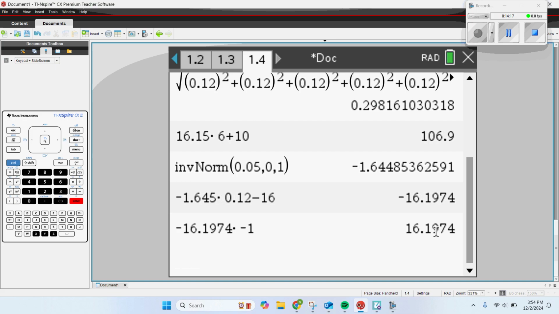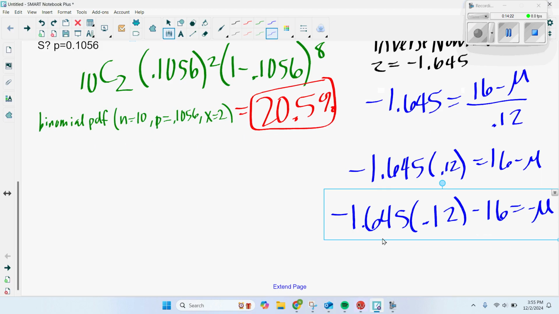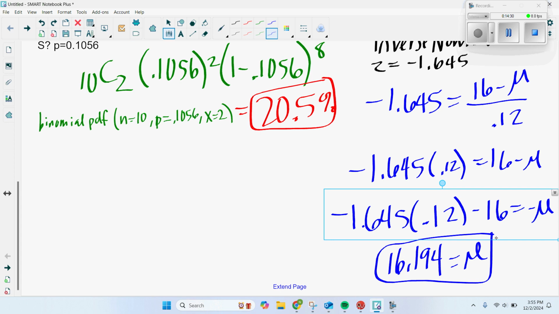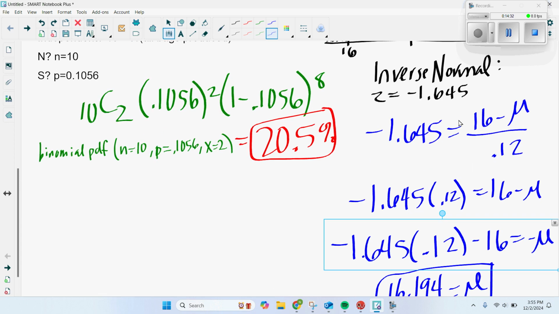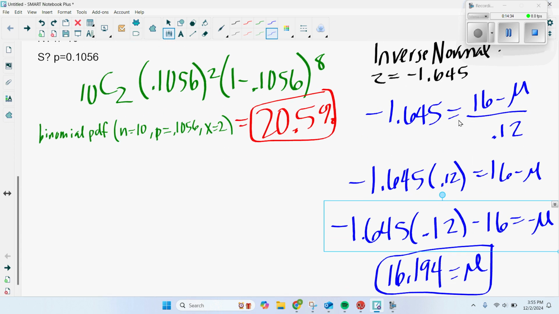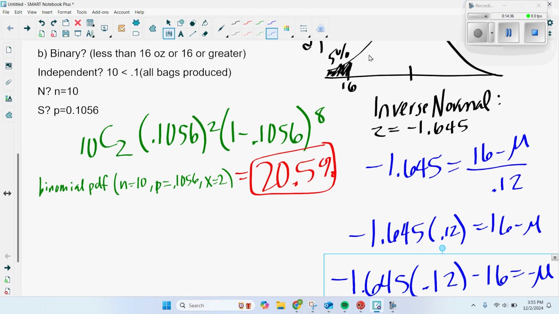So 16.1974 is what the new mean has to be in order for 5% of the randomly chosen bags to have a weight less than 16. So I basically was working backwards, and I had to use inverse normal to find the z-score, and then I had to use the z-score formula to solve for a mean.